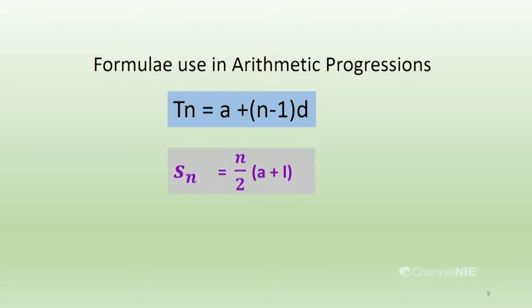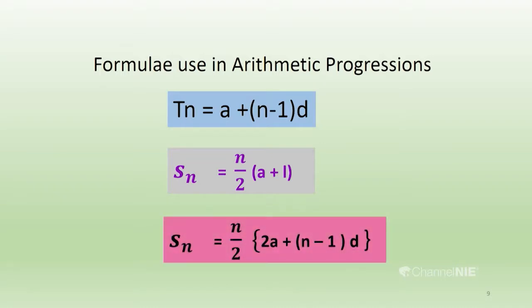Second one, Sn equals n over 2 times a plus l. The other one, Sn equals n over 2 times 2a plus n minus 1 d. Then I am going to do a few sums using these 3 formulae. If you practice these 3 formulae, you can do the sums very easily.